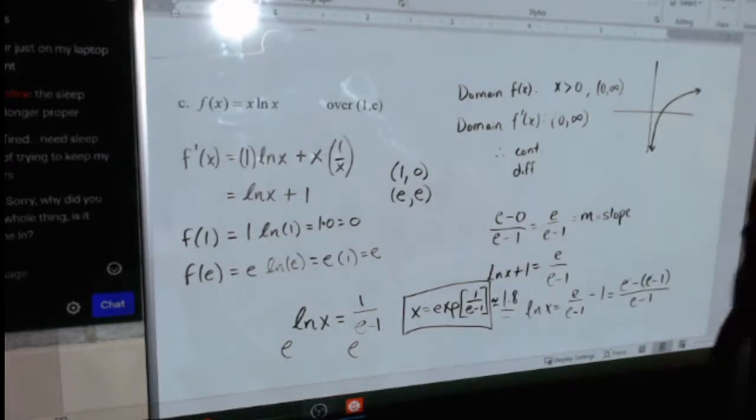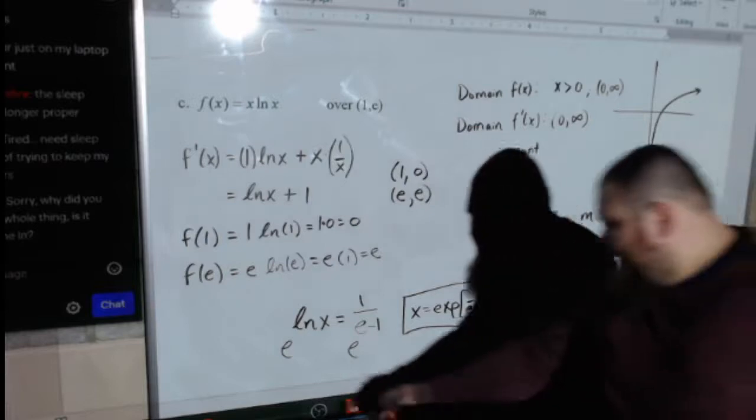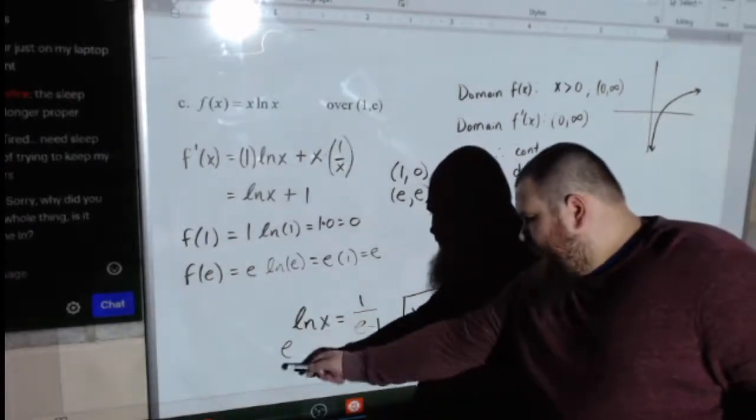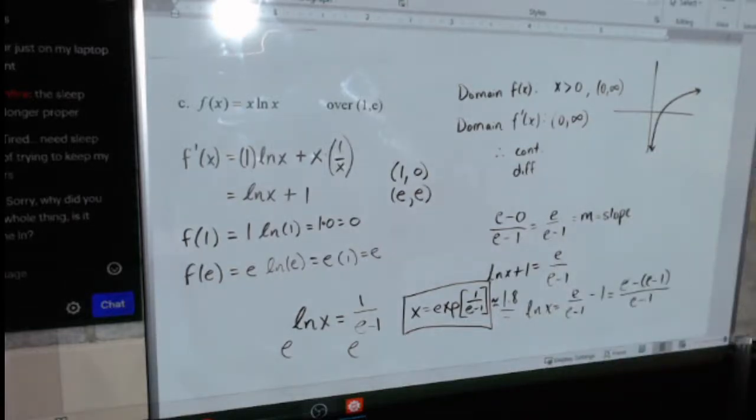So question says, why did you take e of the whole thing? Is it because of the log? Absolutely. I had to get rid of that log of x. To get rid of the log, I have to raise everything by e. Everybody okay with that?